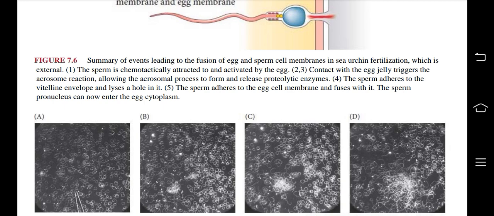The sperm is chemotactically attracted to and activated by the egg. Contact with the egg jelly triggers the acrosome reaction, allowing the acrosomal process to form and release proteolytic enzymes. The sperm adheres to the vitelline envelope and digests a hole in it. The sperm adheres to the egg cell membrane and fuses with it. The sperm pronucleus can now enter the egg cytoplasm.